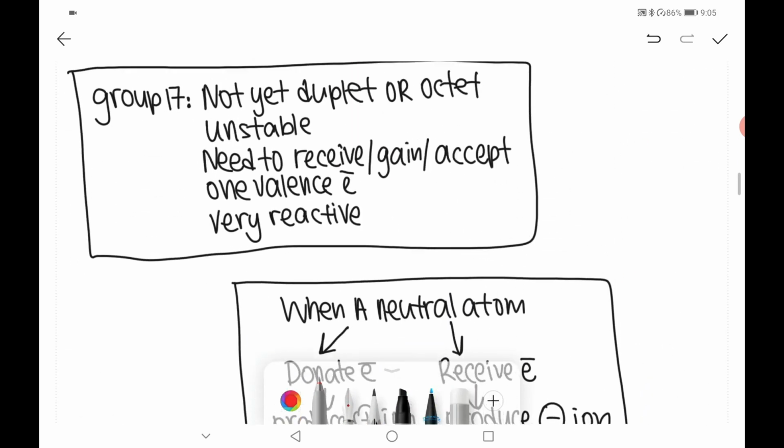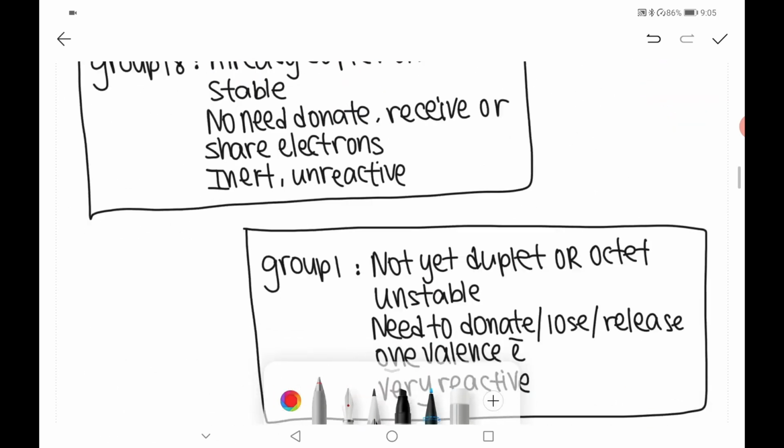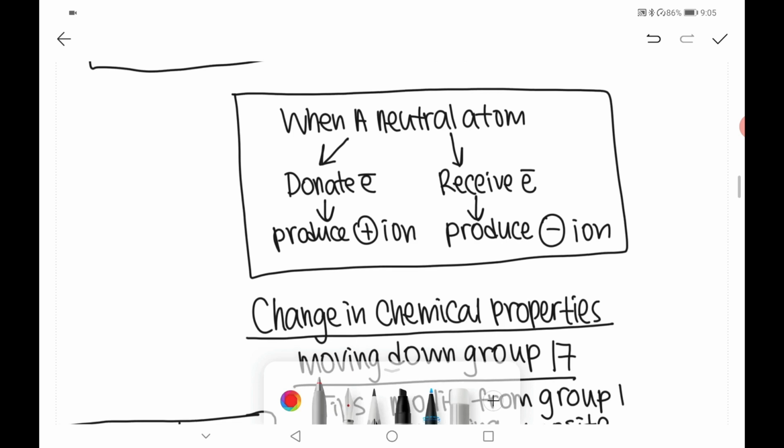Let me show you this. It's always starting with a neutral atom. When something neutral donates electron, it forms a positive ion. When something neutral receives electron, it forms a negative ion.